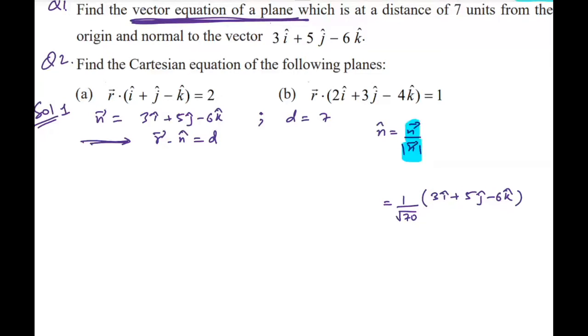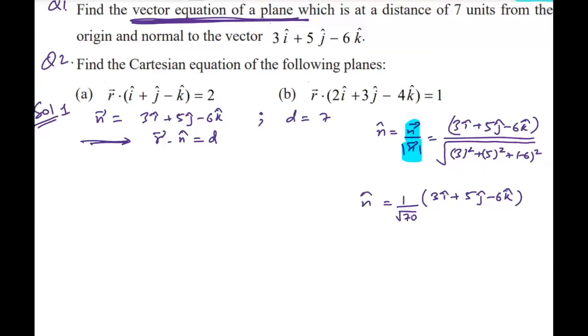We have n vector as 3i plus 5j minus 6k cap. Now what is the magnitude of n vector? That is nothing but root of 3 square plus 5 square plus minus 6 whole square. Simplify this: 9 plus 25 plus 36, it will be root 70.